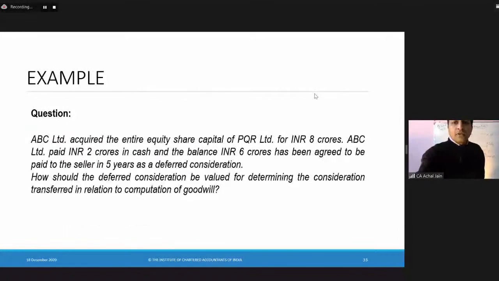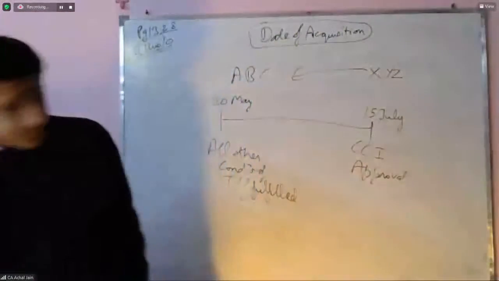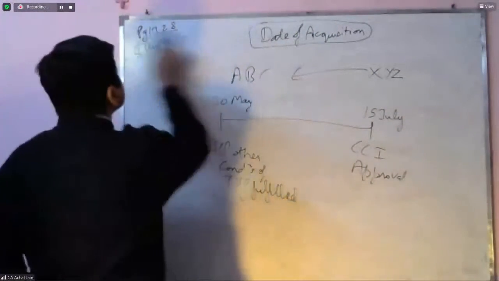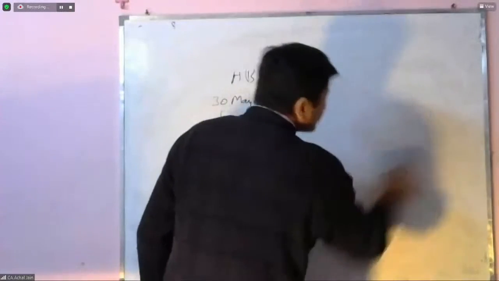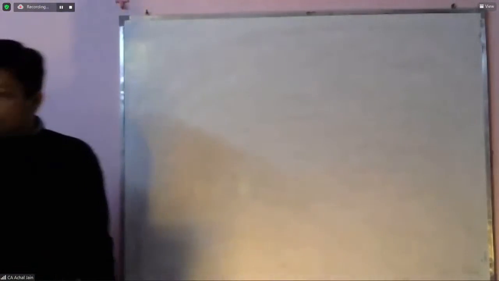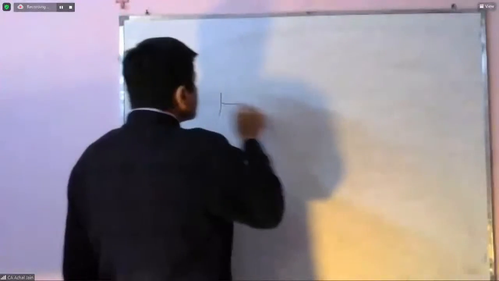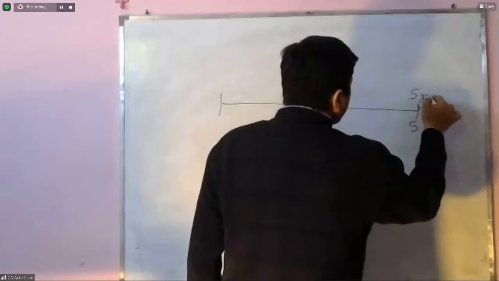So if we go back to our example, you have noted the facts. Let me just take you to the board now. So now we'll discuss this. Now, if you look at the current situation, one consideration is getting paid after 5 years.